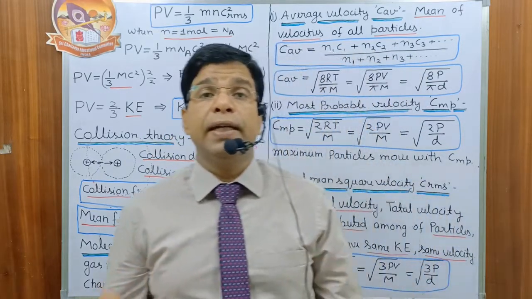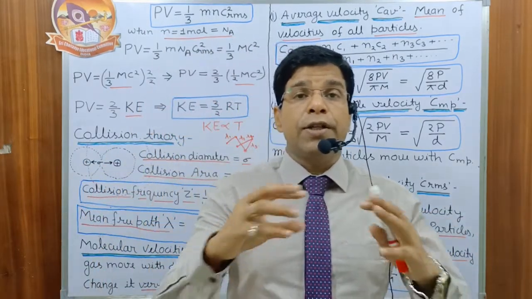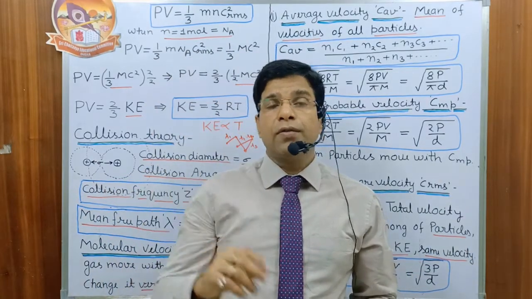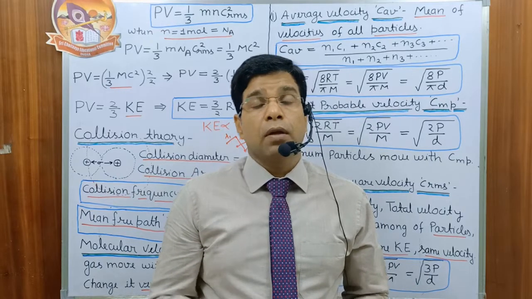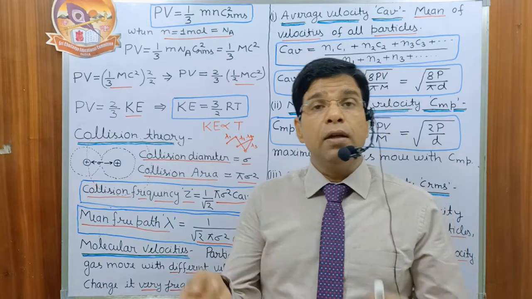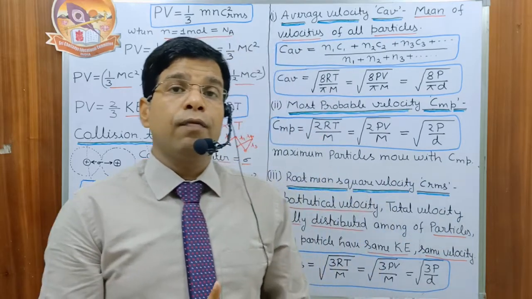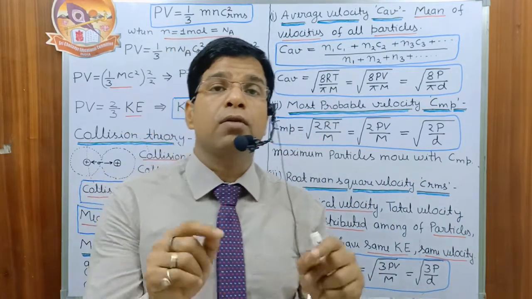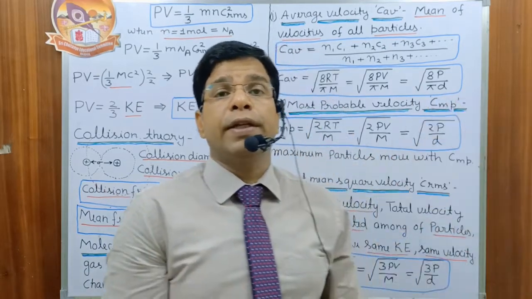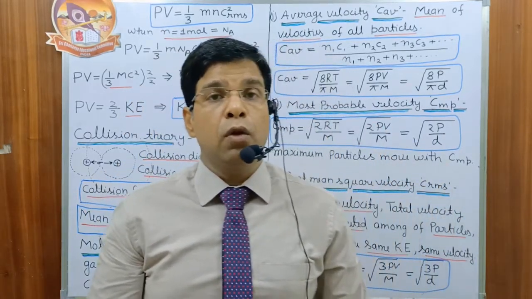Then total kinetic energy divided by the total number of particles means the total kinetic energy is equally distributed amongst all the particles, meaning every particle now moves with the same speed and has the same kinetic energy.